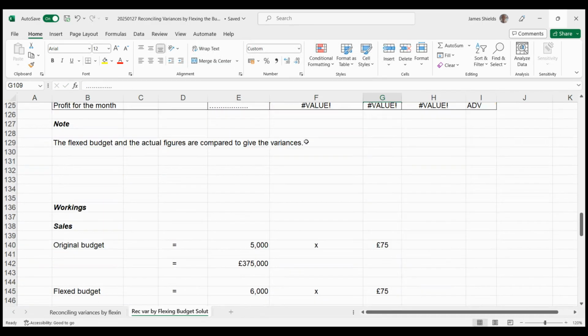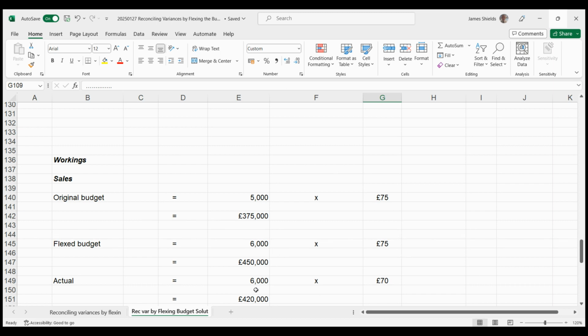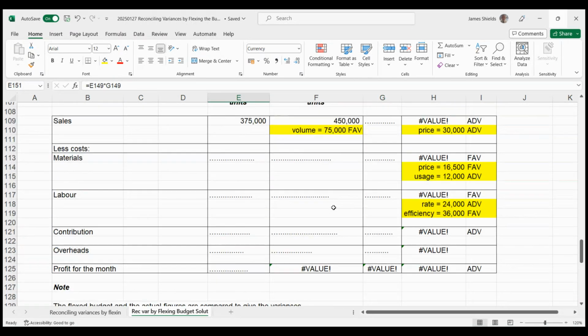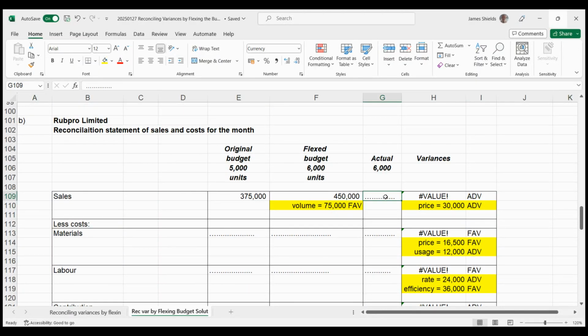And the actual was 6,000 units at £70, which gives us £420,000. That's our actual sales. Now you'll see that the variance is 450,000 take away 420,000, which gives us a variance of £30,000 adverse. We'll come back to that in a moment.